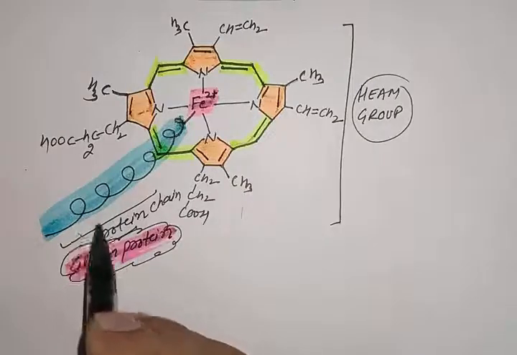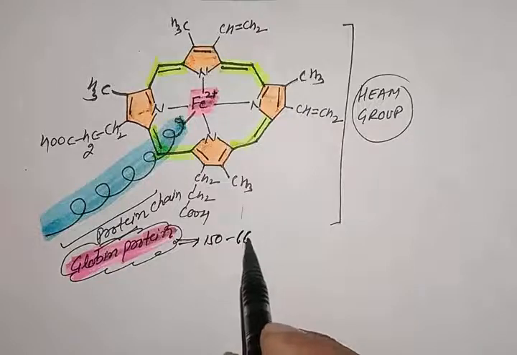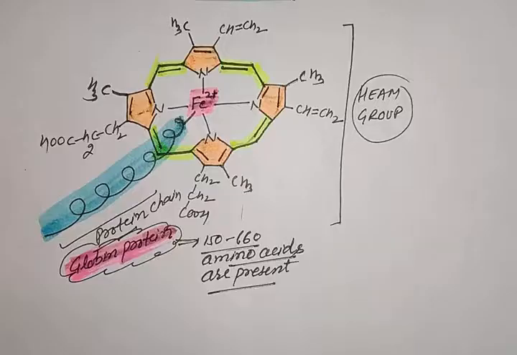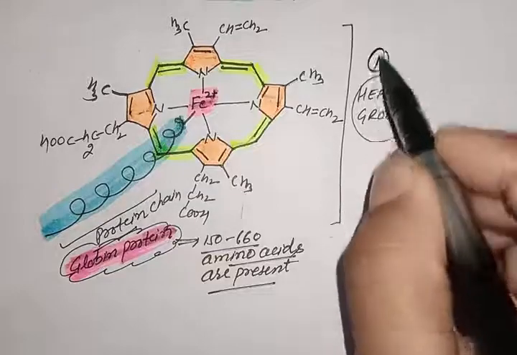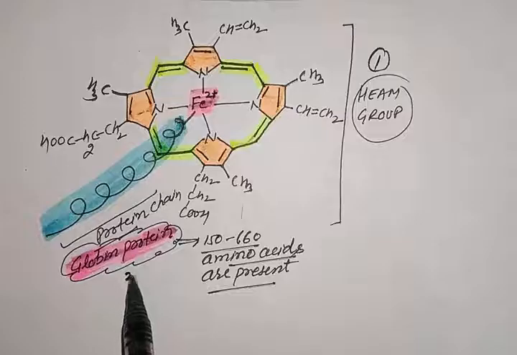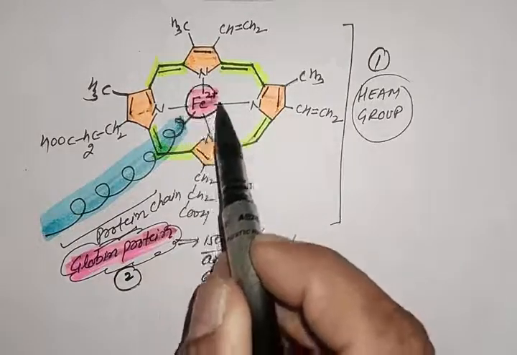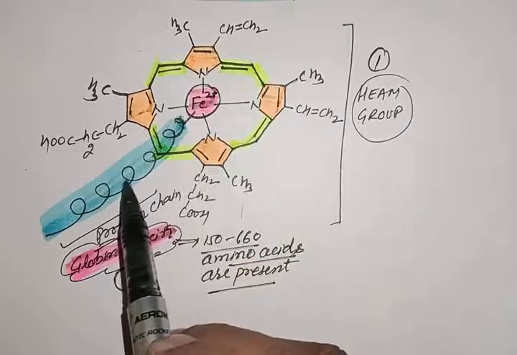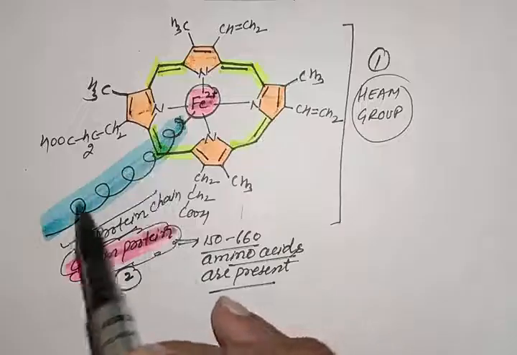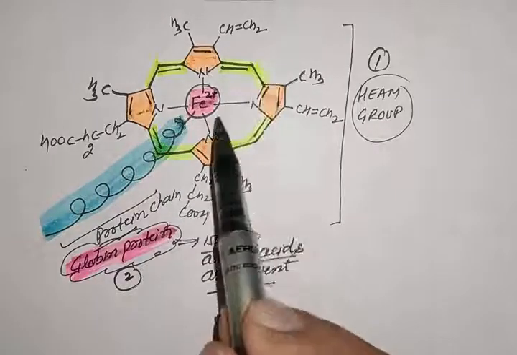In this protein chain there are 150 to 160 amino acids present. In this situation the heme group as well as the globin protein chain are attached together, and the Fe metal present in the center has coordination number 5: 1, 2, 3, 4, and the fifth position is attached with the protein, but the oxygen is not attached at that time.